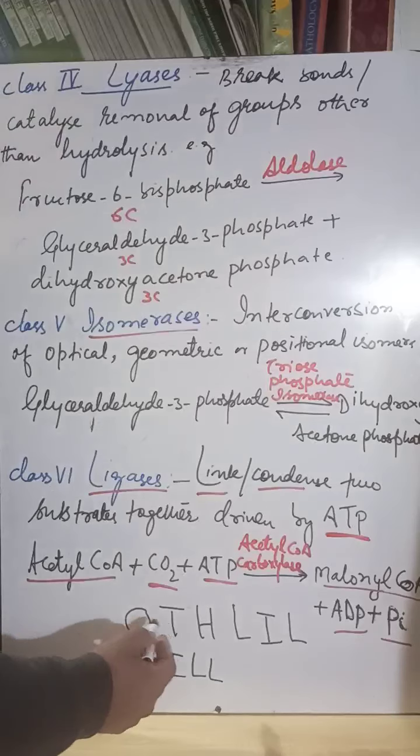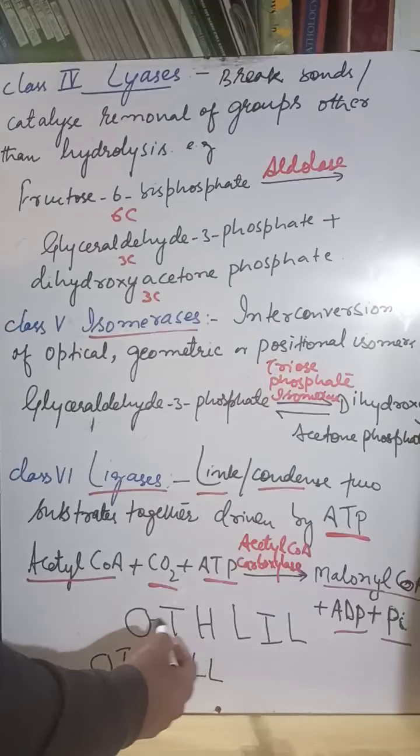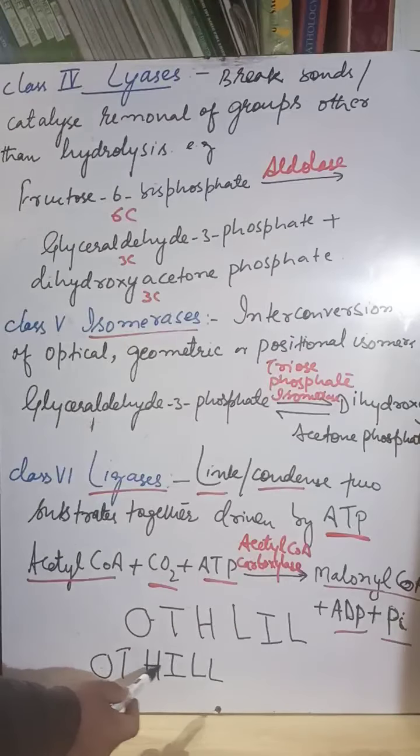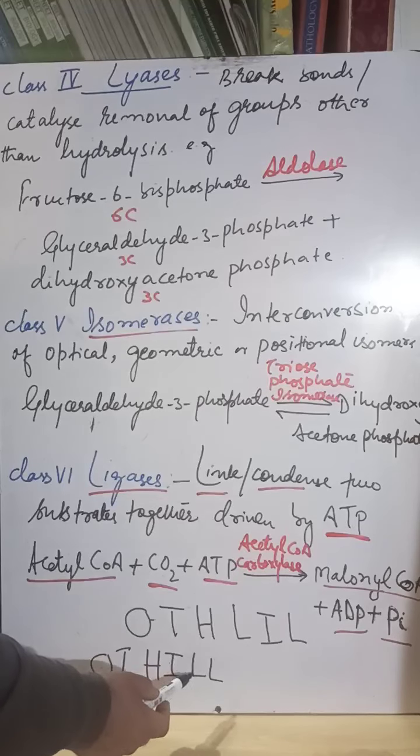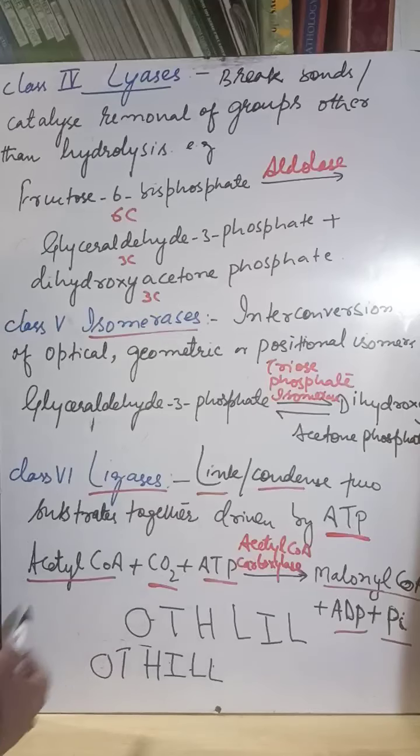But I suggest you remember the acronym OT LIL, because in OT HILL, oxidoreductase, transferase, hydrolase, isomerase, lyase, and ligase, the sequence is not correct, but in OT LIL it is correct.